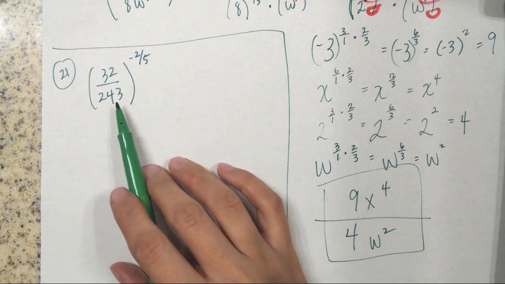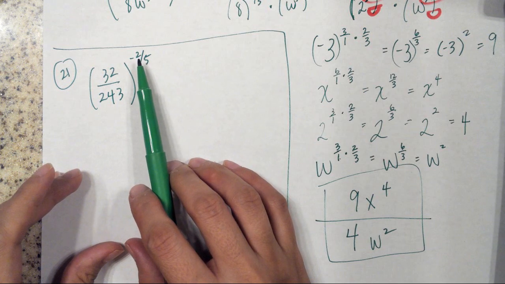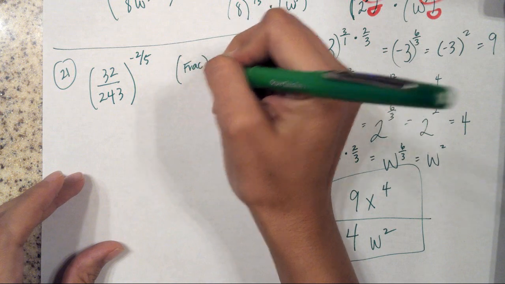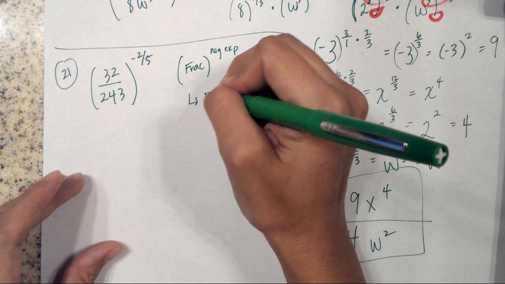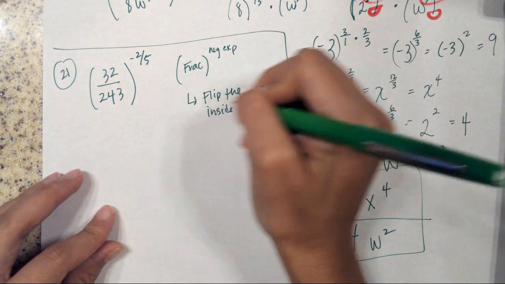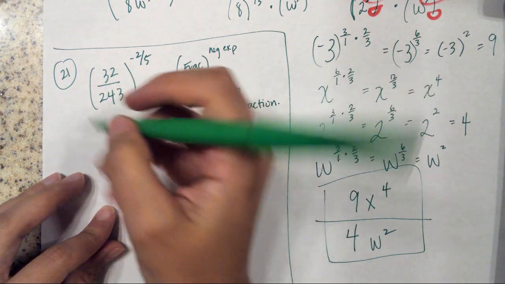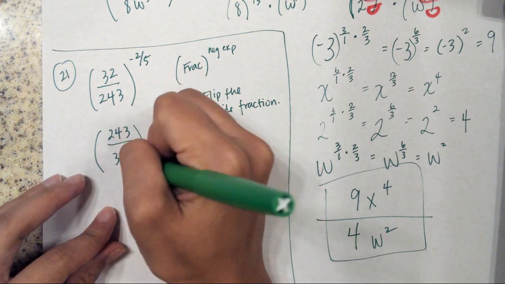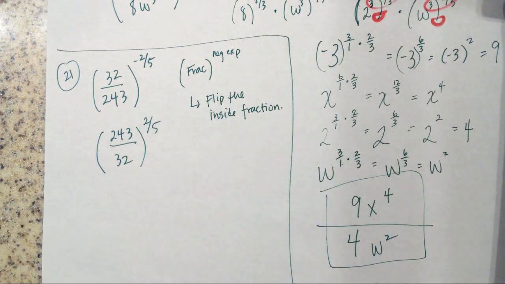Now, anytime you have a fraction raised to a negative exponent, how I simplify is I'm going to flip the inside fraction. So 32 over 243, the signs all stay the same, you just flip it. It now becomes 243 over 32. And then the negative 2/5 now becomes positive 2/5.